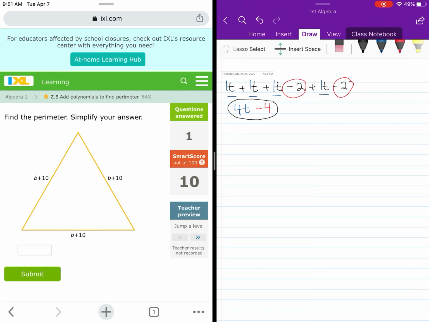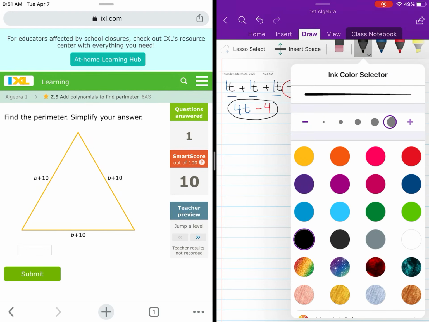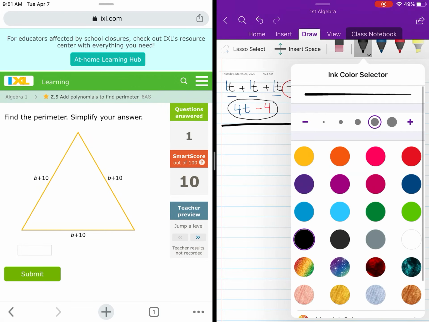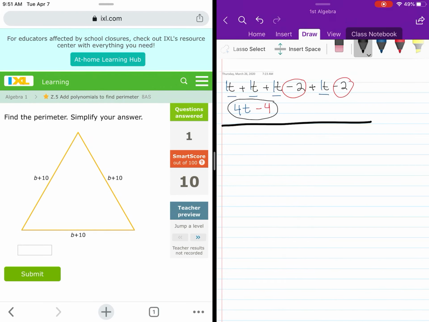So here, still they just want perimeter, so you're going to add all around. Okay, so we have B plus 10 plus B plus 10 plus B plus 10. Remember that if they don't have a number, they have a 1 in front of them.